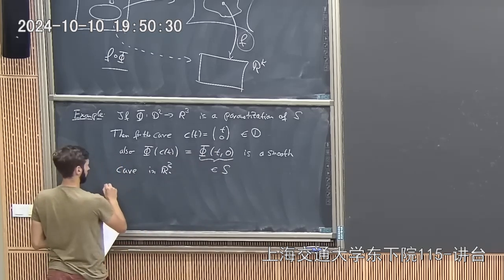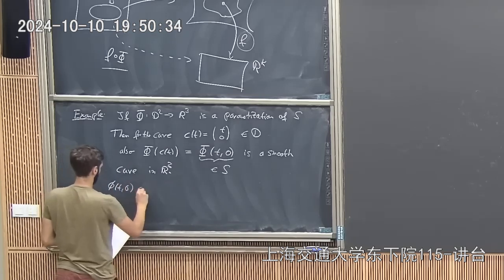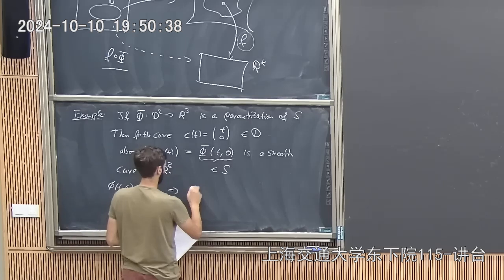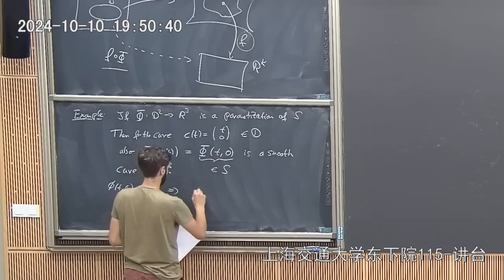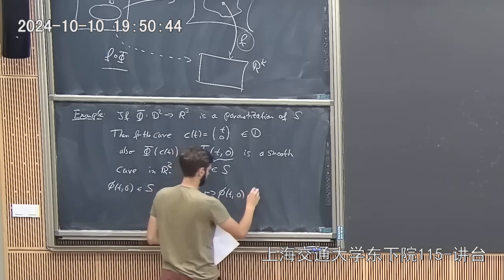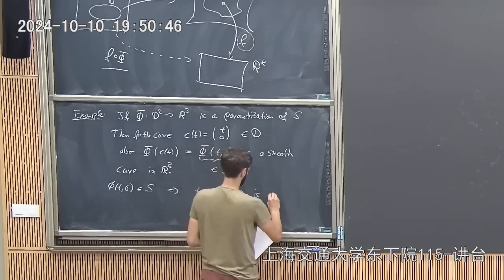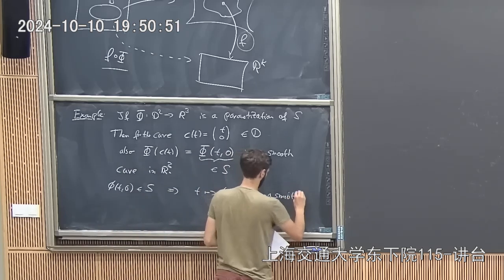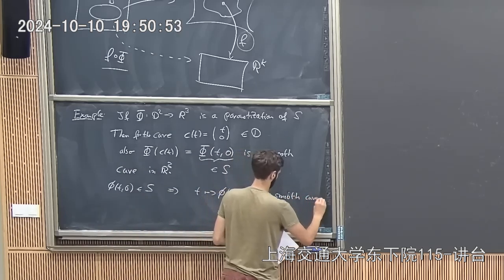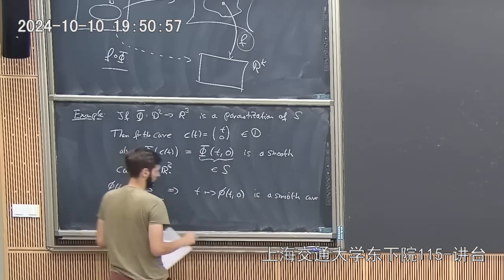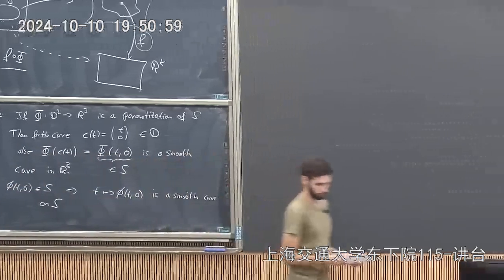Because this one is in S, you can see that this map defines a certain smooth curve.